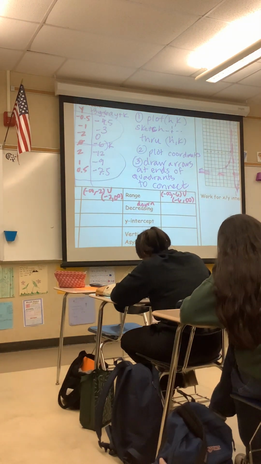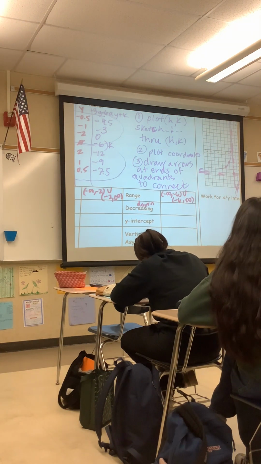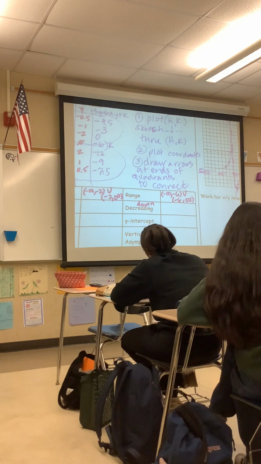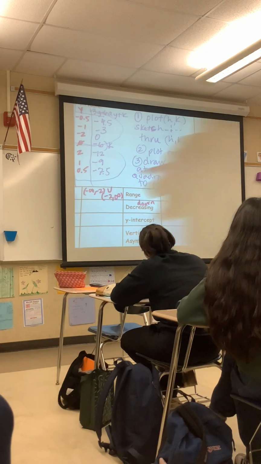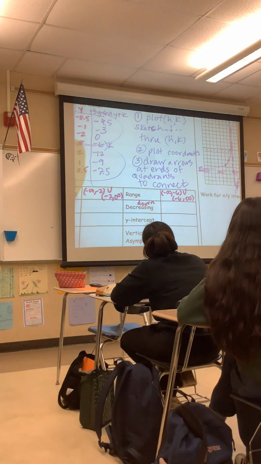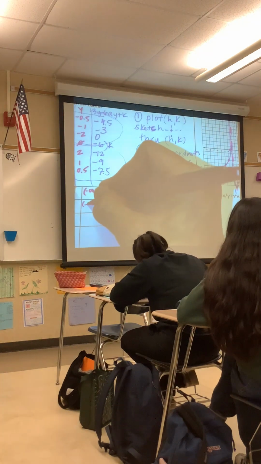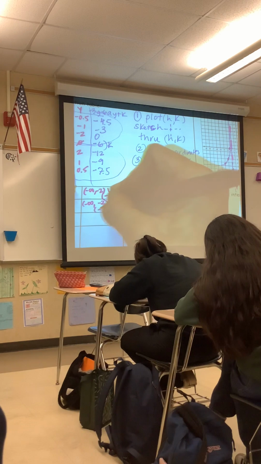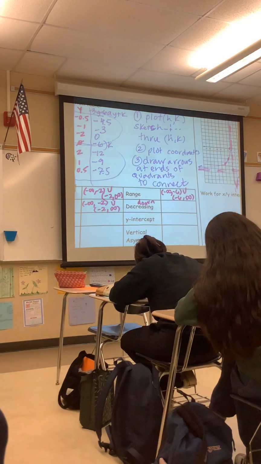So it increased. Did it increase for both pieces or for just one of the pieces? Both? So then we're gonna list the domain for the increasing interval. The domain is negative infinity, -2, union, -2 to infinity.